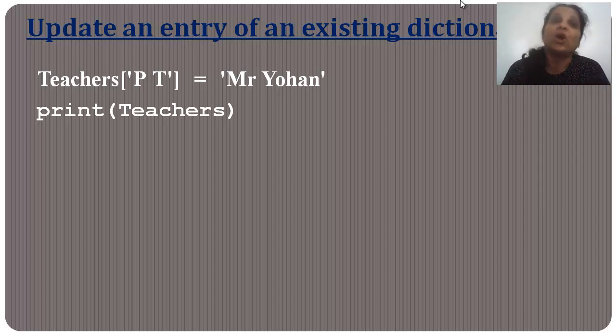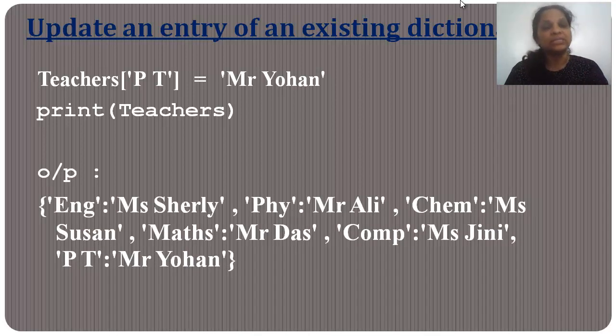But if the key already exists, now PT already exists, now I'm writing teachers PT is equal to Mr. Johan, then it doesn't work as an adding, it works as an updation. So the key with the name PT now gets a new value which is Mr. Johan. So you can see here Mr. Sundar's value is now replaced by Mr. Johan's value. That's how you update an element in a dictionary.